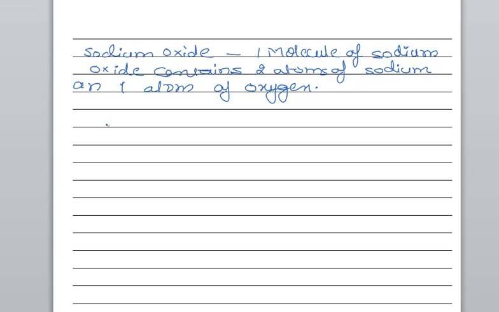So what will be the formula? What is the symbolic representation of sodium? It's Na. 2 atoms of sodium. And what is the symbolic representation of oxygen? O. How many atoms of sodium are there? 2. How many atoms of oxygen are there? 1. What will be the molecular formula? Na2O. This is the chemical formula.